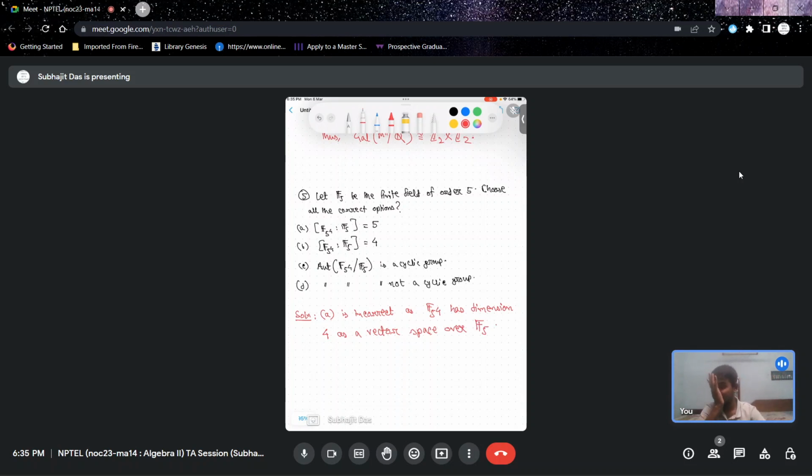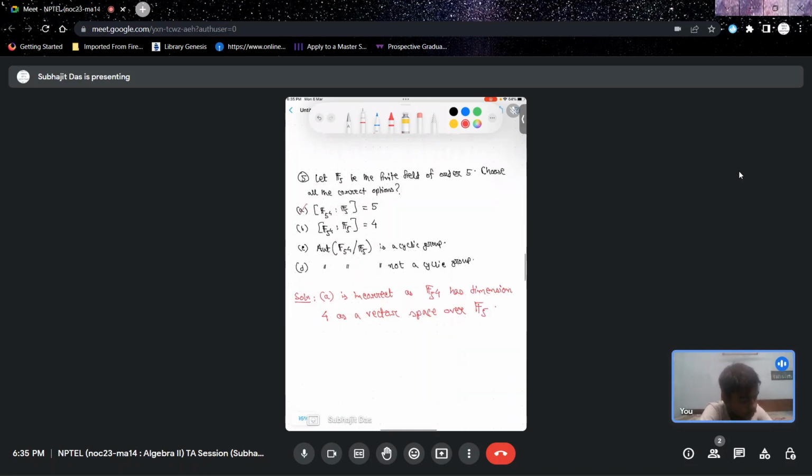If the dimension is n, then the number of elements in the vector space has to be 5 to the power n. Since it's 5 to the power 4, the dimension has to be 4. So this is incorrect, this is correct clearly.